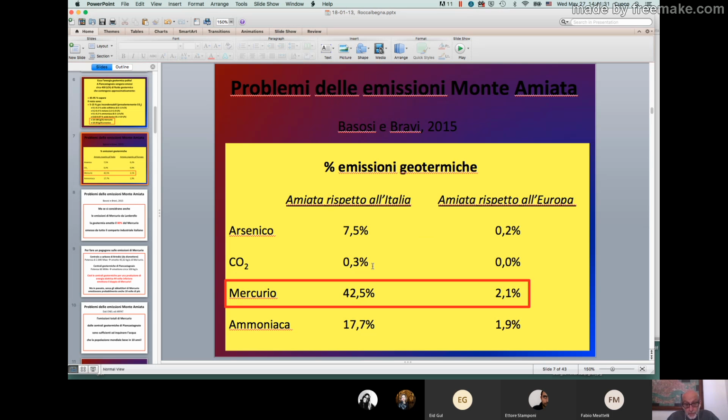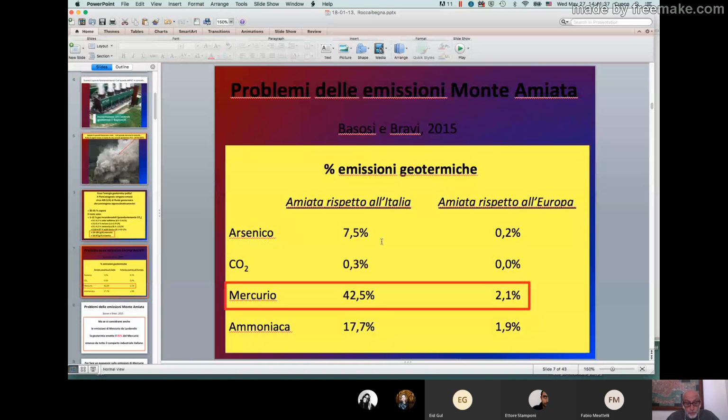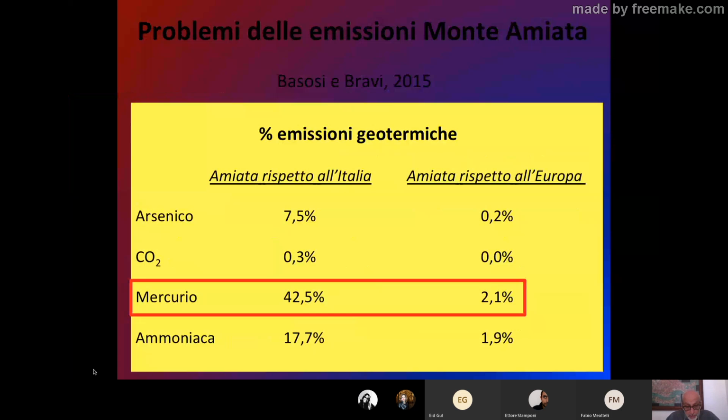Mercury, this is very impressive. Oh, sorry. 42%, let me do this. 42% of the mercury emitted at Amiata, compared to the mercury emission of the whole industry in Italy, 42% of the mercury is emitted at Amiata, so almost half.